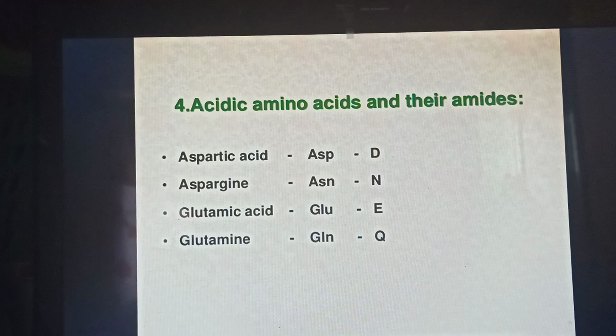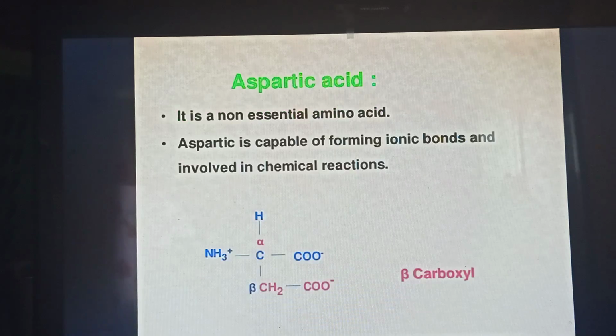Now, we have studied aliphatic, hydroxyl and sulfur containing amino acids, and now acidic amino acids. Examples: aspartic acid, asparagine, glutamic acid, glutamine. Aspartic acid, as the name tells, is acidic in nature, so one more acid group is attached, along with a CH2.